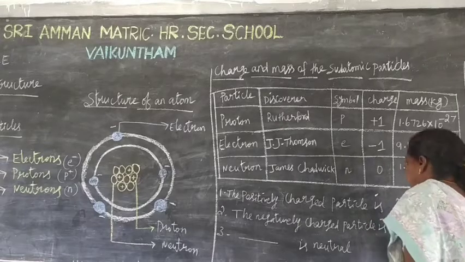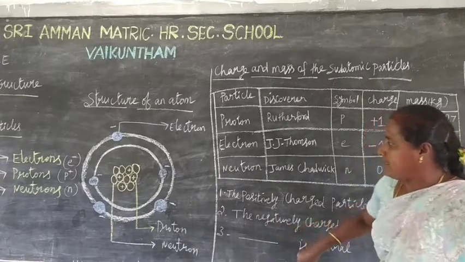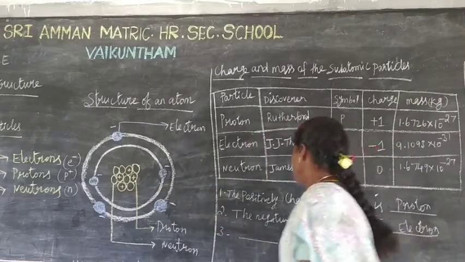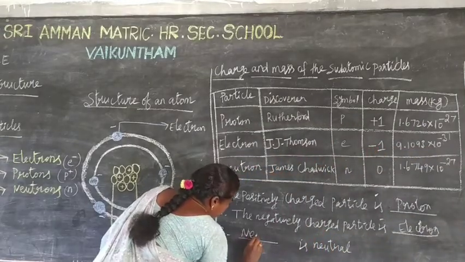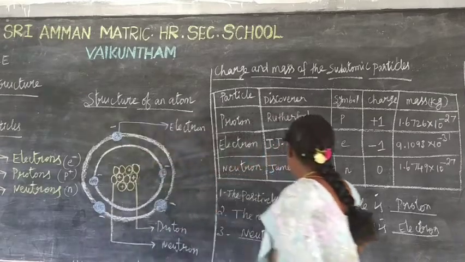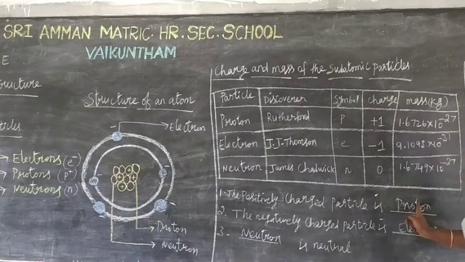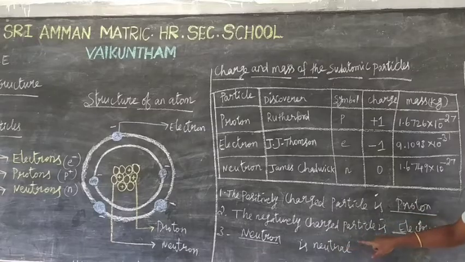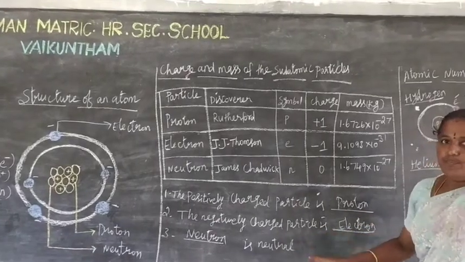Third one, dash is neutral. Which one is neutral? Neutron is neutral. So the positively charged particle is proton, the negatively charged particle is electron, and neutron is neutral, that is, no charge.